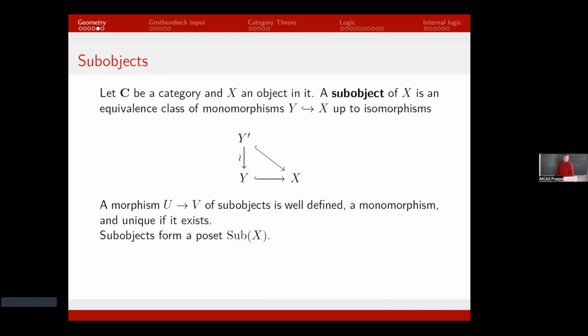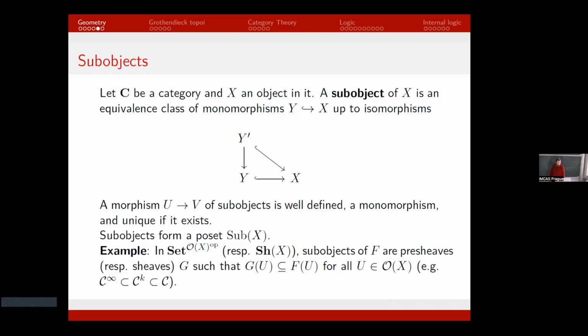Then if we have a morphism between two classes, this morphism is well defined, so it doesn't depend on the representative chosen. It must be a monomorphism, because whenever a composition of maps is a monomorphism, the first one must be a monomorphism as well. So we basically have a poset, because there is at most one map as well.